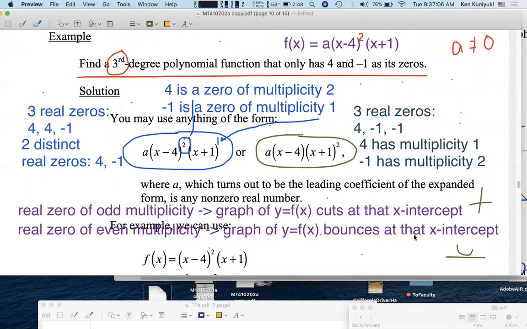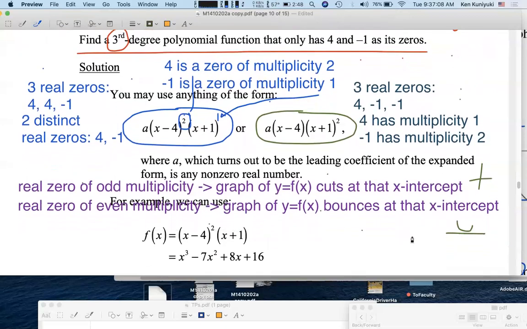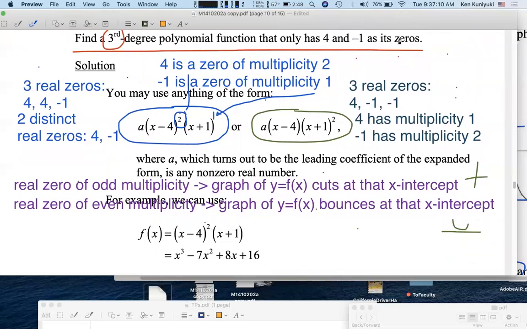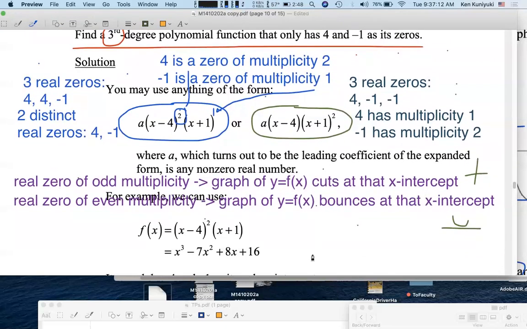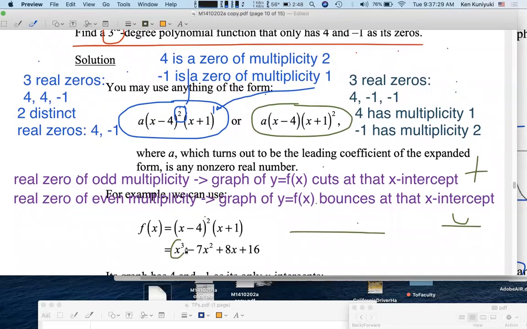All right. So let's take a look at these graphs. And if you want, you could expand them out. What do these graphs look like? If I take the first case, the blue case, where a equals 1. If a is 2 or 3, that's just a stretching. Now, as we look left to right, if we expand this out, the leading term is going to be x cubed.